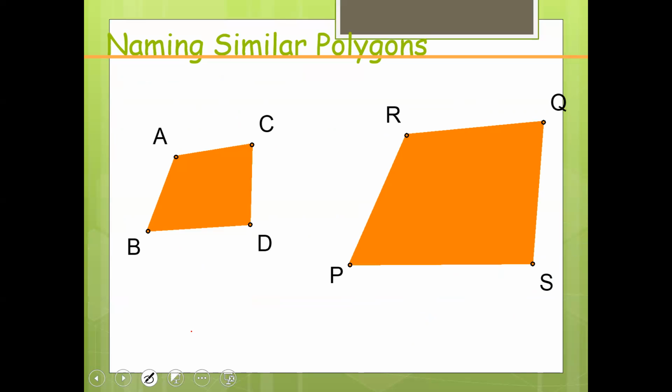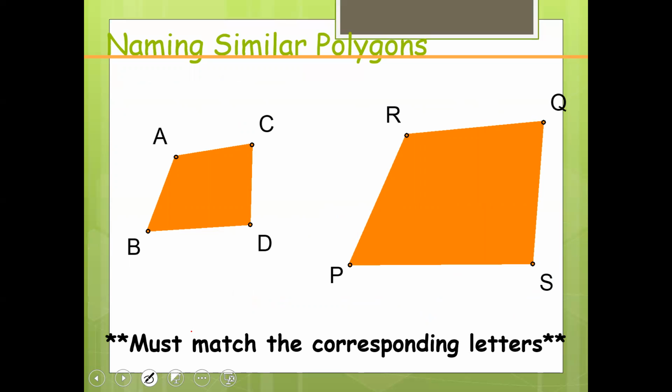figures. So let's try to name similar polygons. First, you have to take a look at the corresponding letters. So this is a quadrilateral, no specific type of quadrilateral, but this is a quadrilateral.